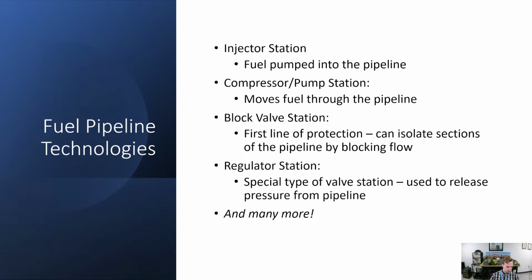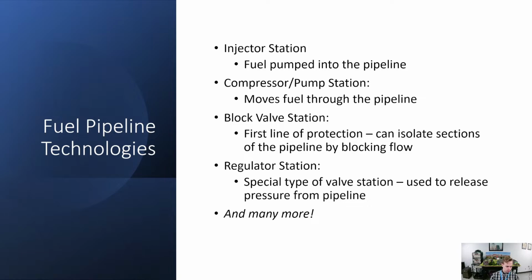And then along that pipeline, we have our pump and compressor stations. So compressor stations are used for gas pipelines, and pumps are used for liquid pipelines. And this is what helps keep the material, the fuel, running through the pipeline. Because one pump wouldn't be able to keep up enough pressure to move fuel through a several 100-mile long pipeline. So we have multiple of them installed throughout the pipeline.